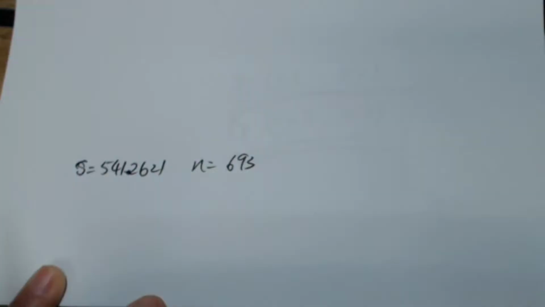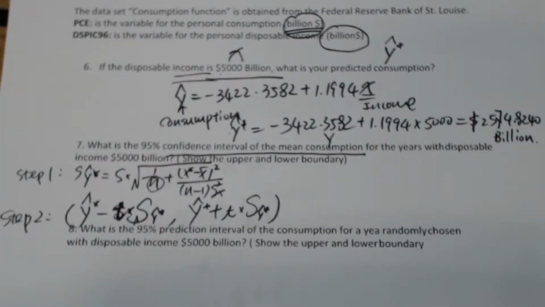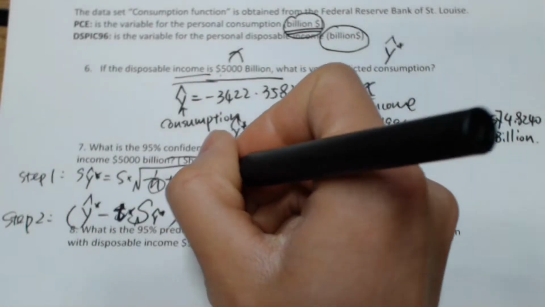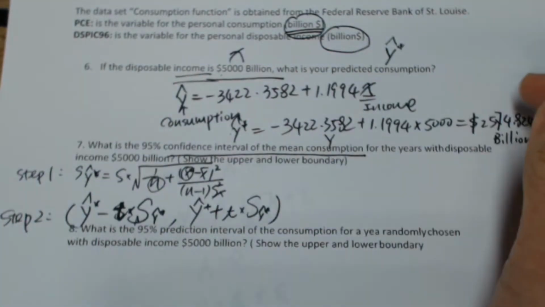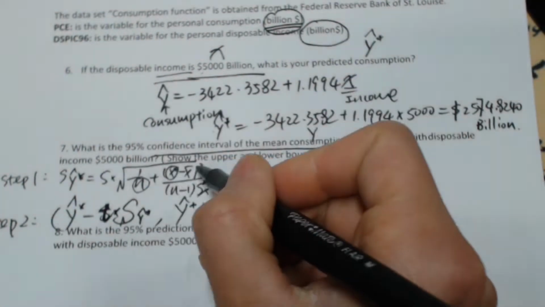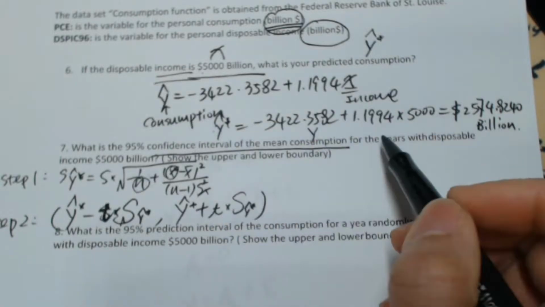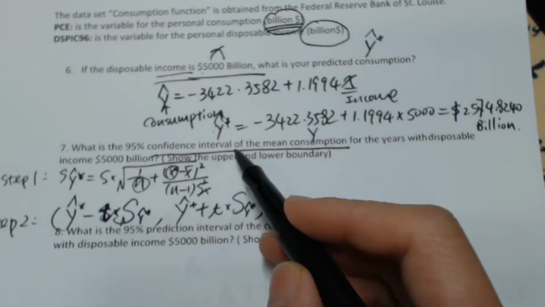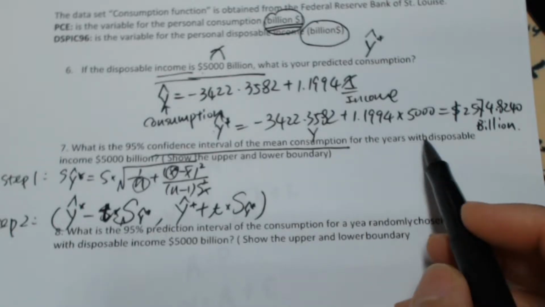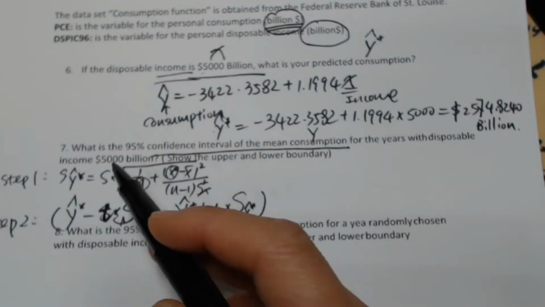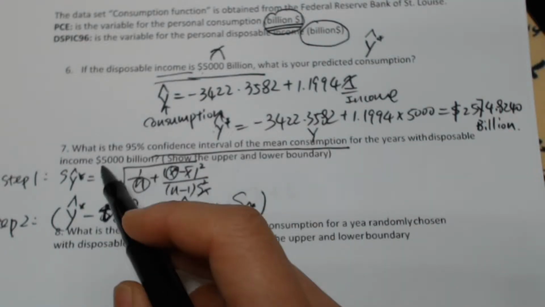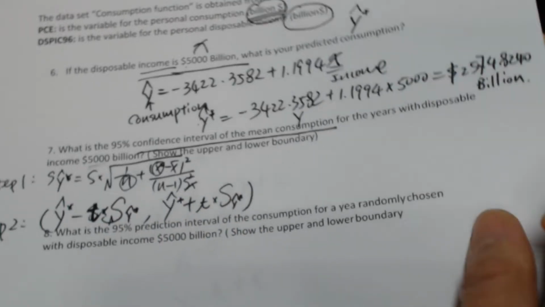And then what we need is the value for x star. I mentioned in the lecture that the value of x star is given from the question. If you're reading the question, what is the 95% confidence interval of the mean consumption for the year with the disposable income of 5,000 billion? So the value 5,000 will be the value for x star.